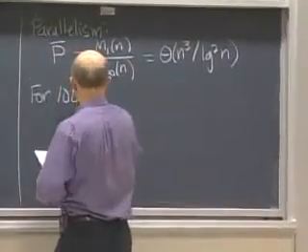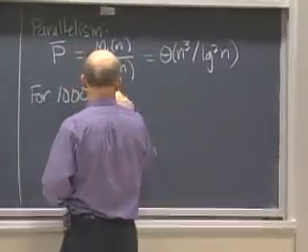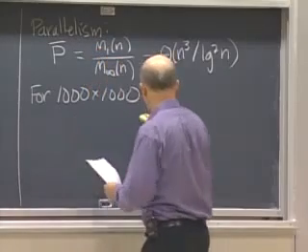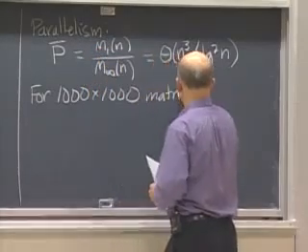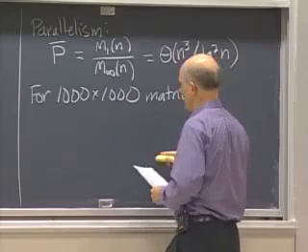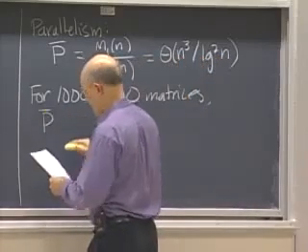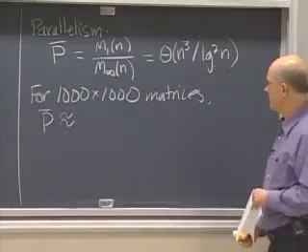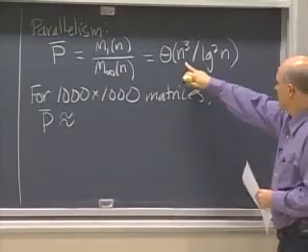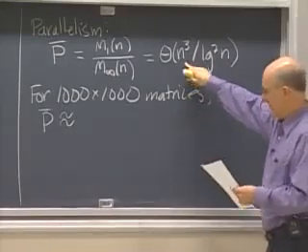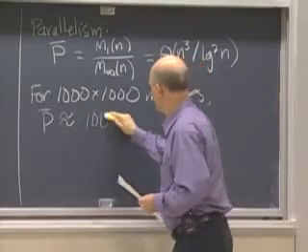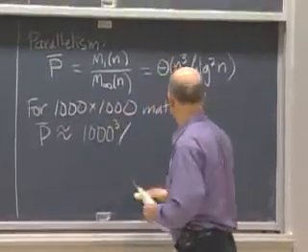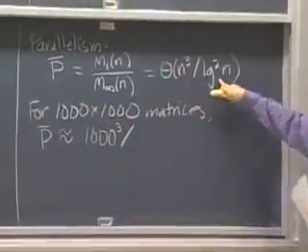Let's just look at this to get a sense of what's going on here. Let's imagine that the constants are irrelevant, and we have, say, 1,000 by 1,000 matrices. In that case, our parallelism is 1,000 cubed divided by log of 1,000 squared.